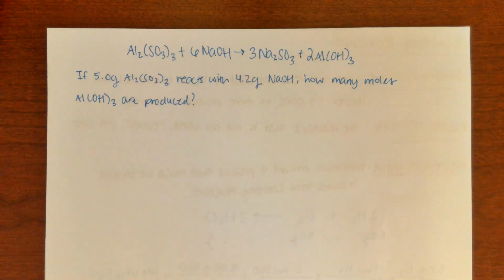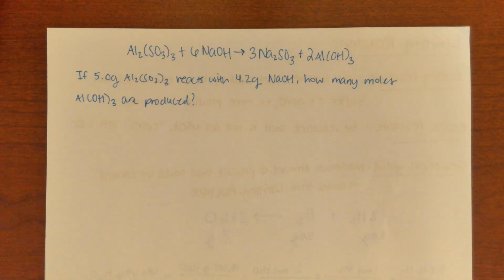Alright, there's one final question I want to share on how questions can be worded differently, but the same work process. So let's say you have this equation here. It is a double replacement reaction. You have multiple products. However, when you read the question very carefully, it does specify which product and what you're actually solving for.